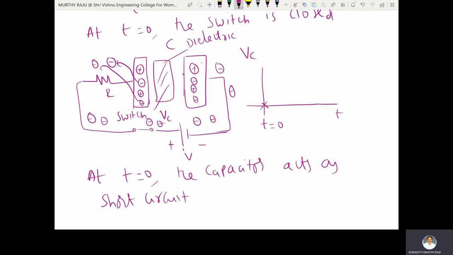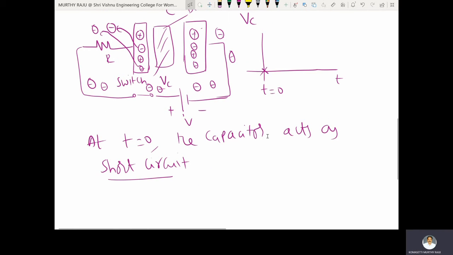The fundamental property of a capacitor is that it opposes sudden changes in voltage. Therefore, before t equal to 0, Vc is equal to 0. At t equal to 0, the switch suddenly closes, but the capacitor opposes the sudden change in voltage. Therefore, again at t equal to 0, Vc is equal to 0. That means the capacitor acts as a short circuit. This is a very important point.